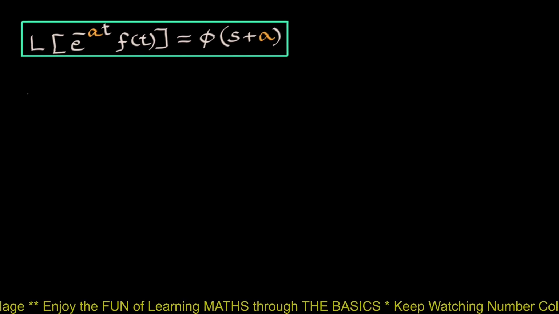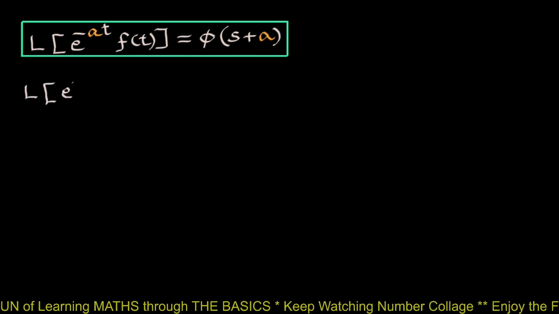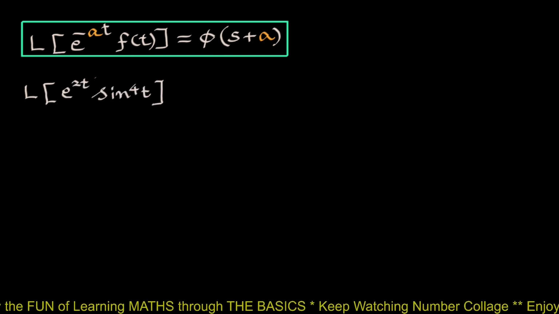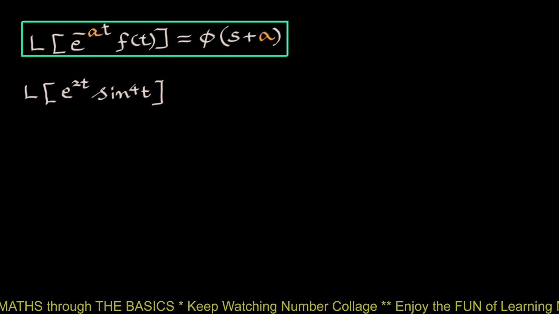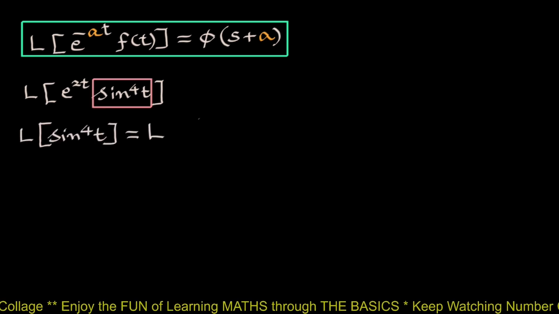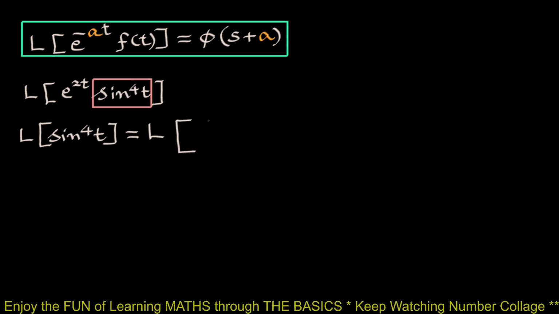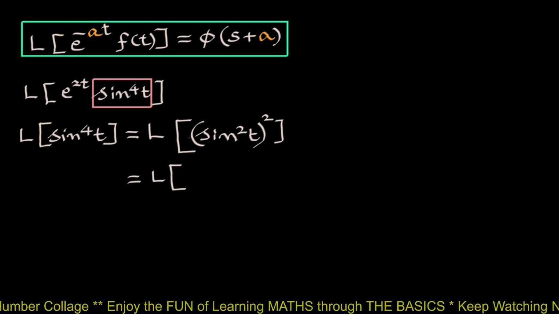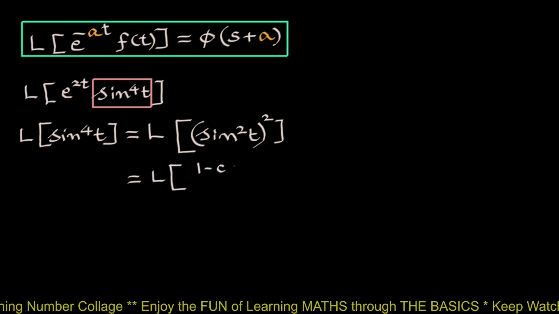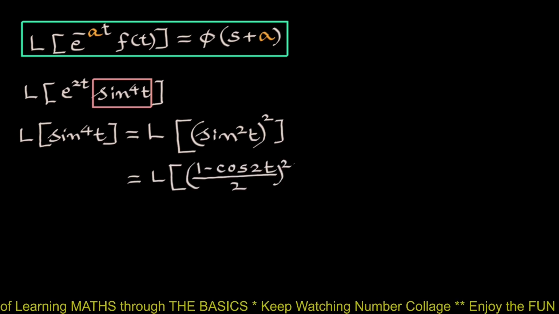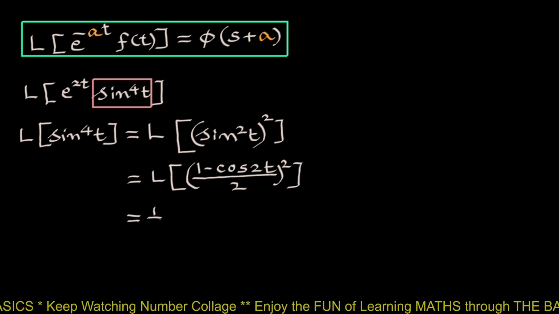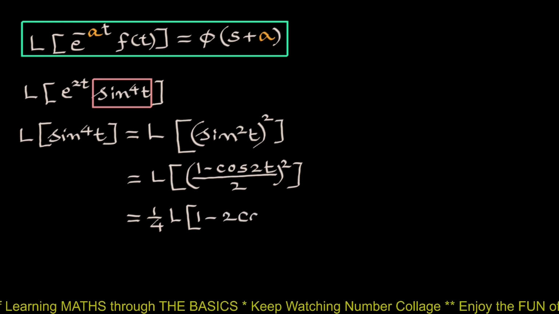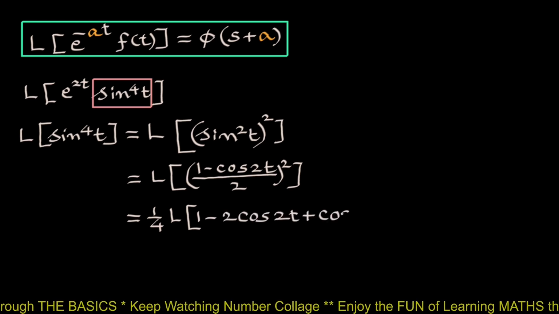How to find the Laplace transform of e raised to 2t sin raised to 4t? First we find the Laplace transform of sin raised to 4t, which is the Laplace transform of the square of sin square t. But sin square t is (1 minus cos 2t) upon 2, so the whole square gives 1 upon 4 times the Laplace transform of 1 minus 2 cos 2t plus cos square 2t.